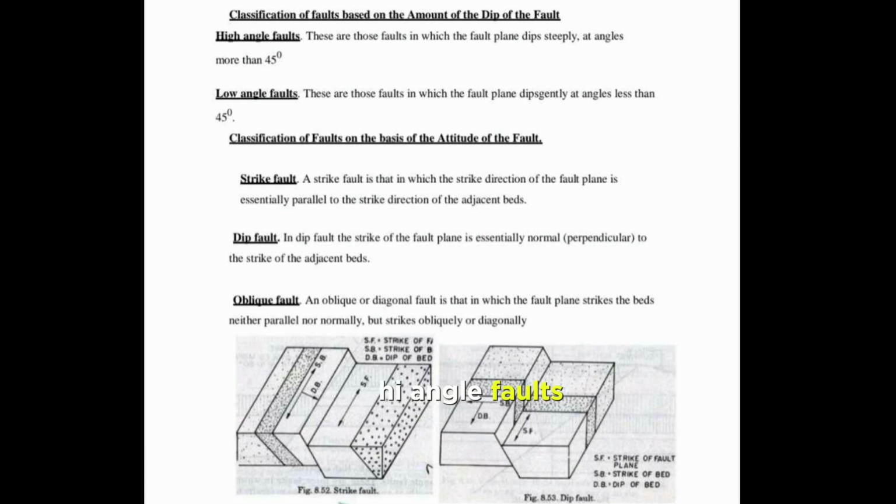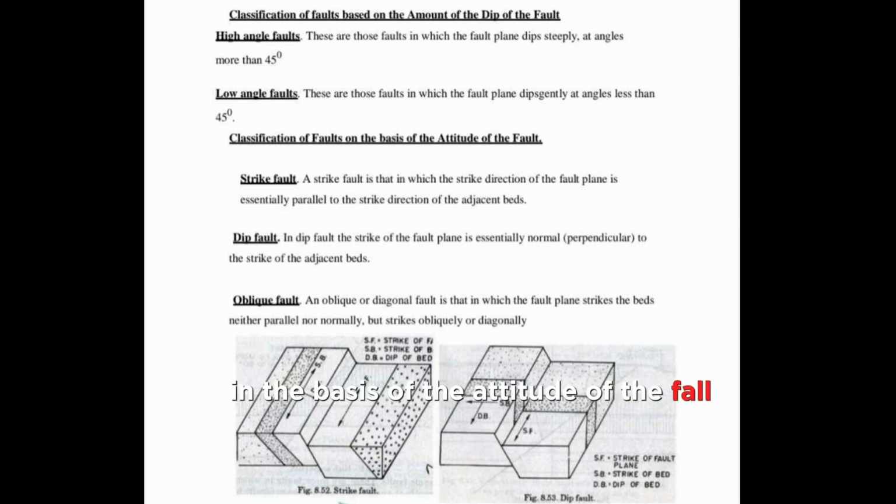High angle faults: these are those faults in which the fault plane dips steeply at angles more than 45 degrees. Low angle faults: these are those faults in which the fault plane dips gently at an angle less than 45 degrees.